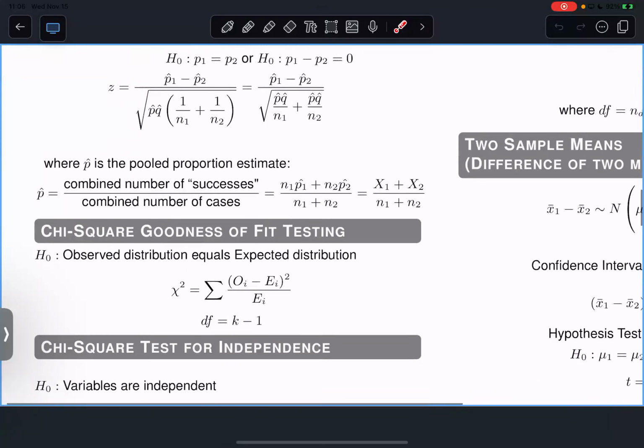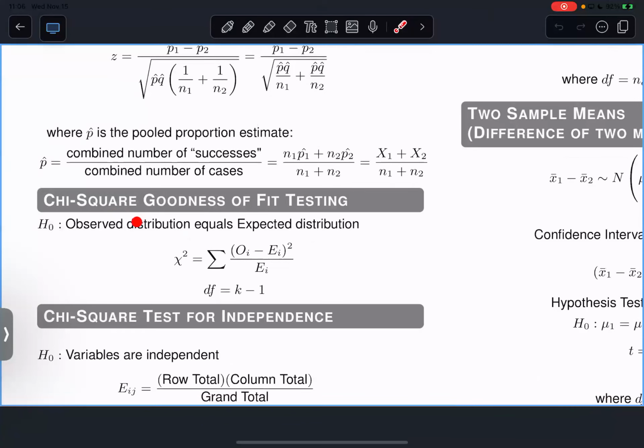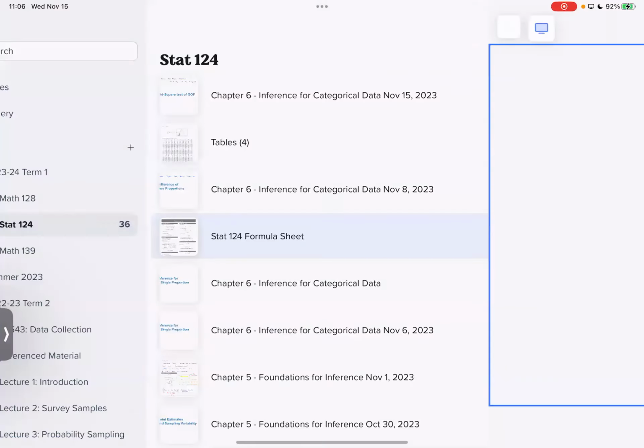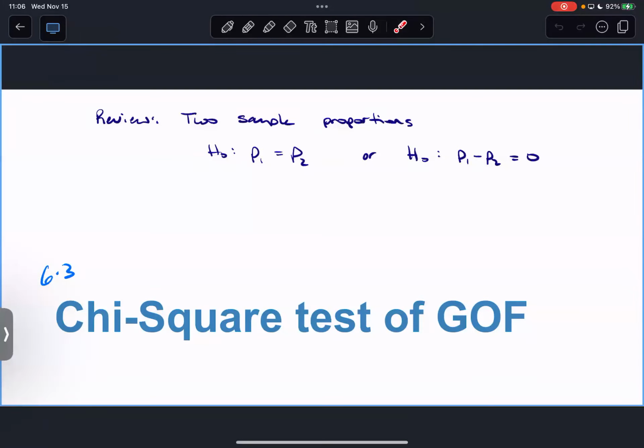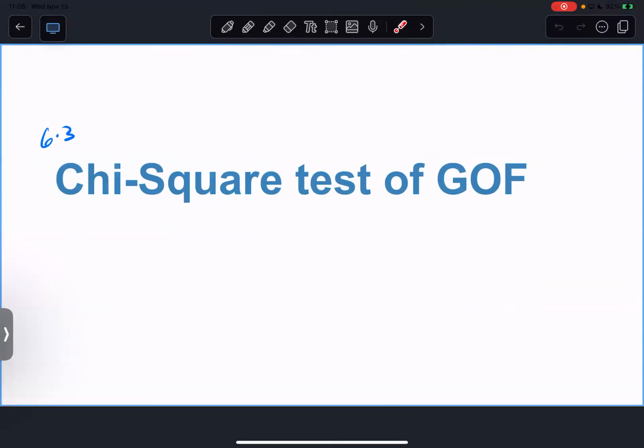Today, we're going to introduce the chi-squared goodness of fit. Goodness of fit, it's a thing. You can call it chi.